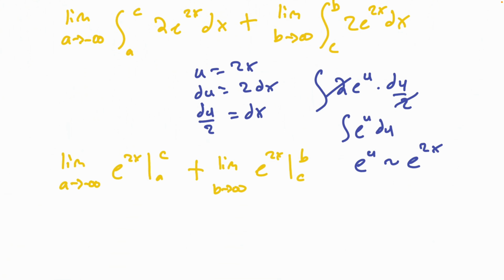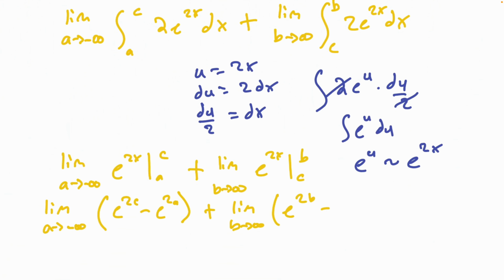All right, so let's evaluate these. The limit as a goes to negative infinity. I'll use a parenthesis because I have two things here. It's going to be e to the 2c minus e to the 2a, plus the limit as b goes to infinity of e to the 2b minus e to the 2c.